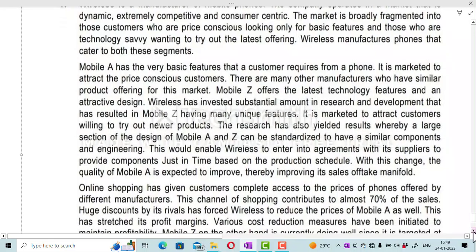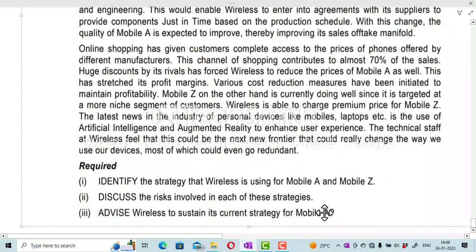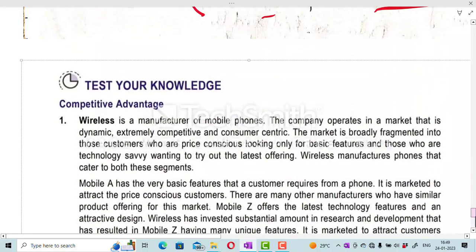The question wants us to identify the strategy that wireless is using for mobile A and mobile Z. Discuss the risk involved in each of these strategies and advise wireless to sustain its current strategy for mobile A. Okay, risk involved. First, we should find what strategies they are using for mobile A and mobile Z.